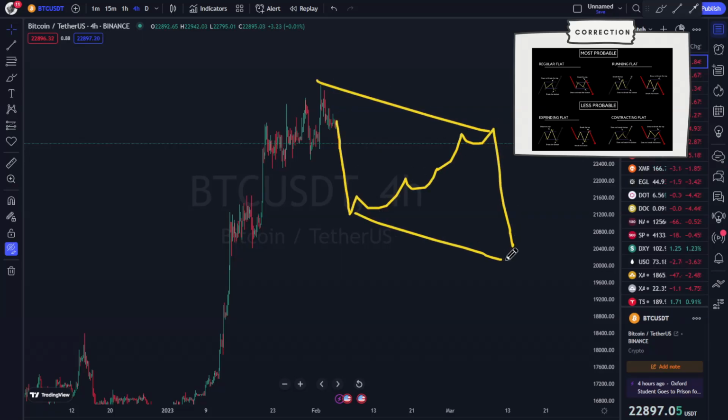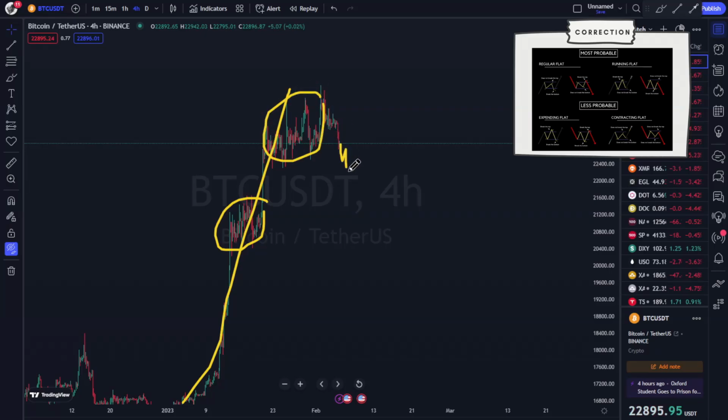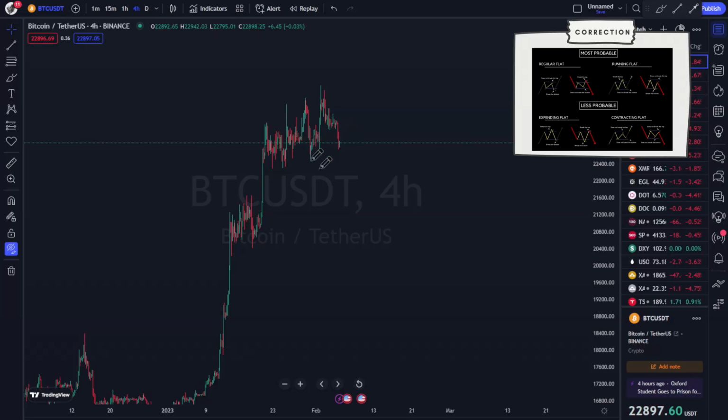We need something bigger for going up, because all this move will have its own correction and these small corrections are not enough. Sometime soon people will be taking profit and you'll see a bigger correction. That's what I'm looking for, and I can't know when it will happen.